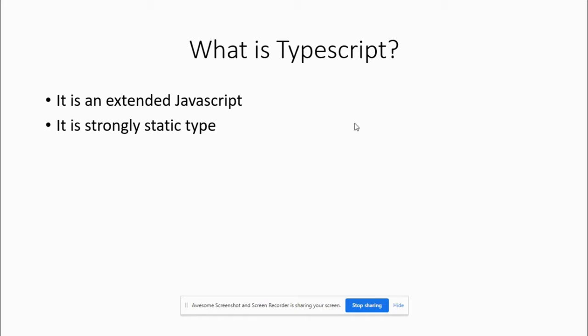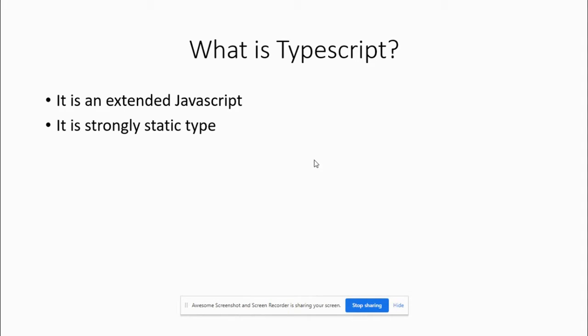So what is the difference between TypeScript and JavaScript? JavaScript is a loosely typed language. That means JavaScript is not a strongly typed language, whereas TypeScript has strong static typing. In JavaScript, it is very hard for us to find errors, but in TypeScript, it is very easy to find errors because TypeScript compiles the code, and if it finds some sort of syntax errors, then it generates a compilation error.